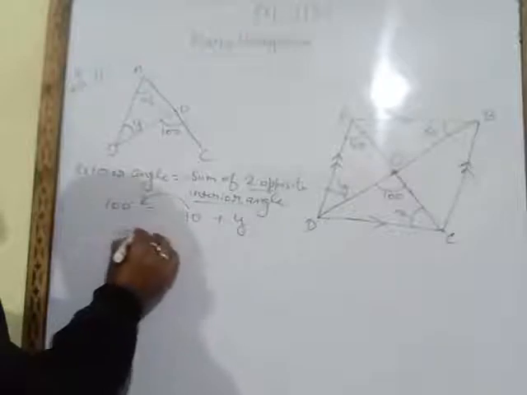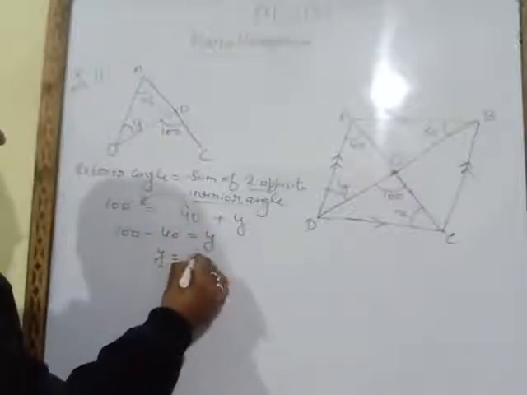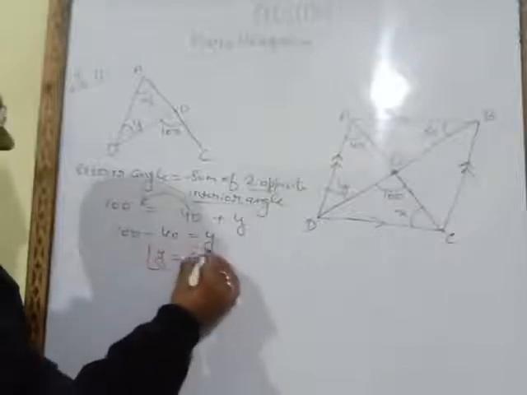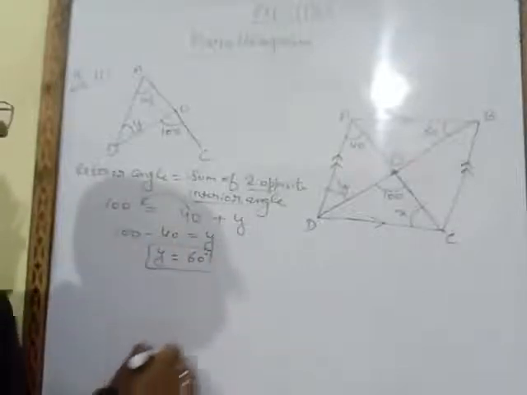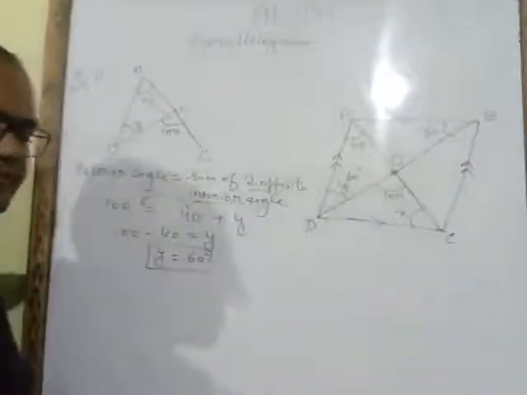So 100 minus 40 is equal to Y. Y answer is 60 degree.